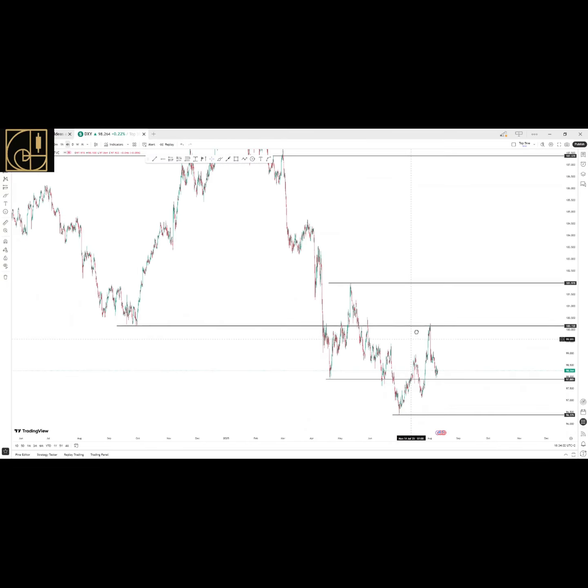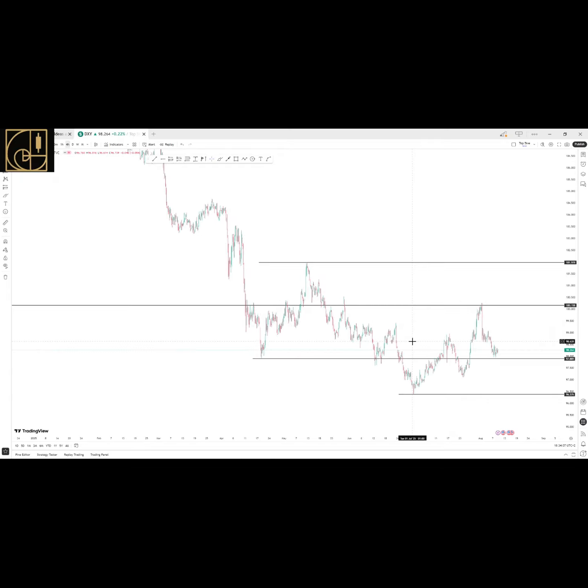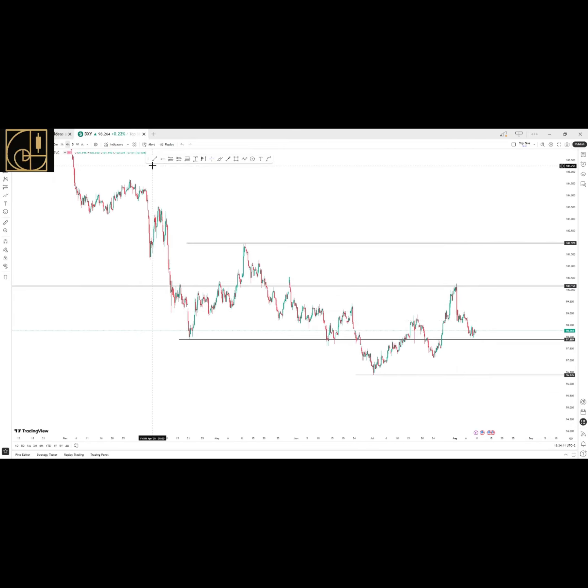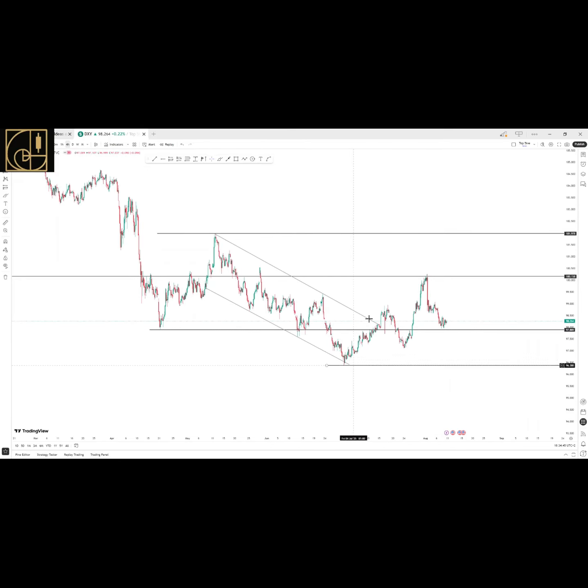Okay, zooming in now. As you can see, the price just broke out of the big consolidation. Now the price created a bullish channel, which indicates that the price has been moving in a strong bullish structure, creating higher highs and higher lows, which tell me buyers are still in control.